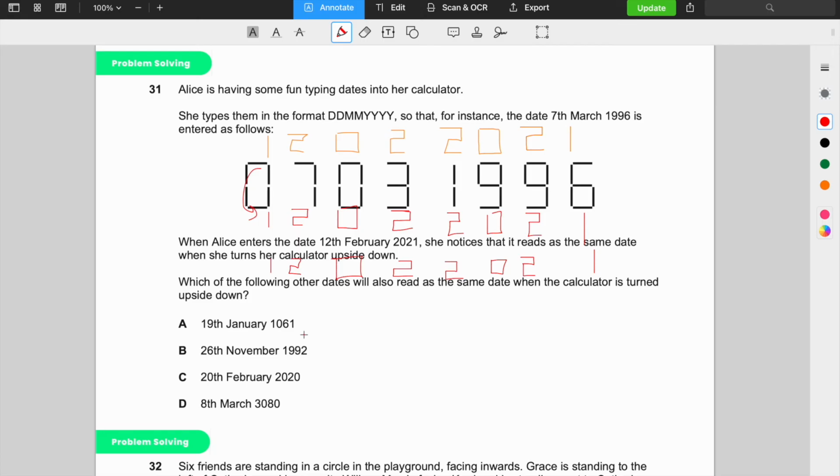So, if we have option A, 19th of January, 10:06, that would look like 19th of January, 10:06:1. Now, I don't know how to turn this upside down on the computer, but you guys can maybe turn your head 180 degrees and try to see what it looks like. It should also read 19:01, 10:06:1, okay?